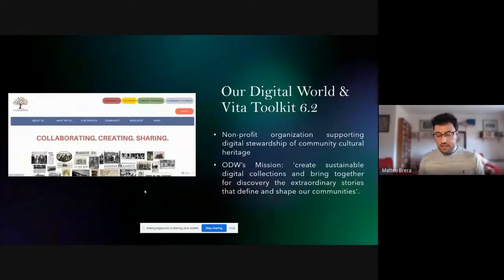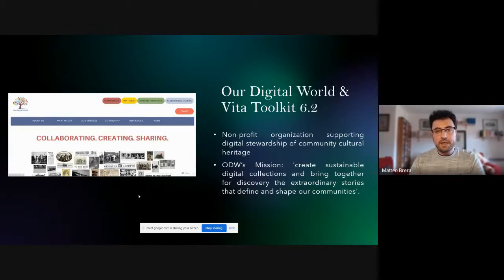And that's the reason why we chose, instead of an in-house process, which was also hyper-bureaucratized, and following up on what was being said this morning about the difficulties of collaborating internally between departments at various universities, the best possible way for me to proceed was to outsource the main digitization work to Our Digital World, which is a very interesting nonprofit organization that supports exactly this type of community-driven digitization of cultural heritage, with a particular eye on Canada, but not limited to it.